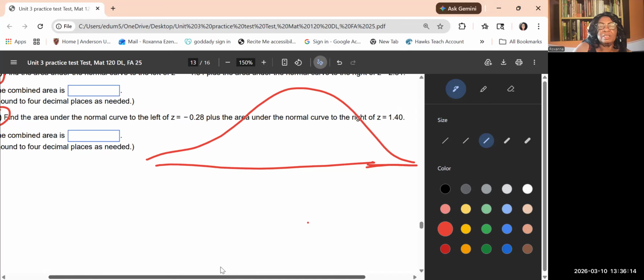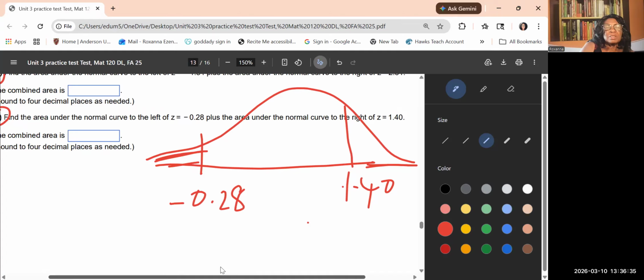All right, so the boundary line is negative 0.28. On the right-hand side, it is 1.4. And I'm told to find the area to the left and find the area to the right and add them together.